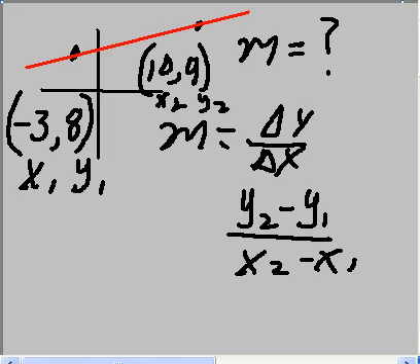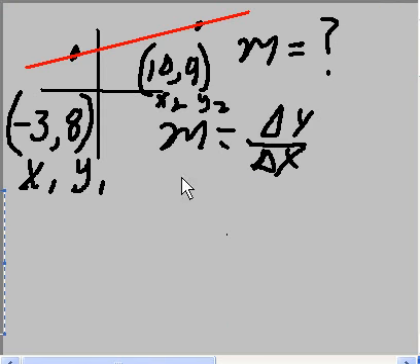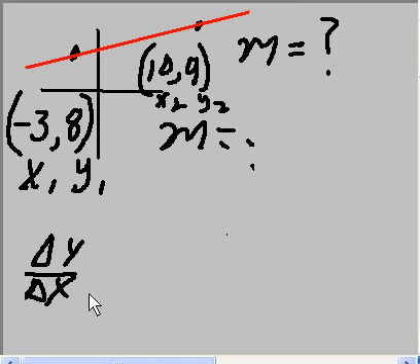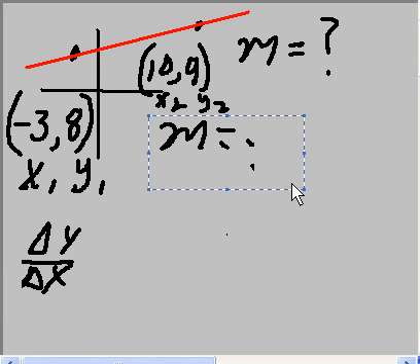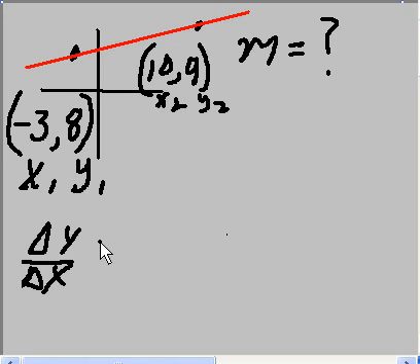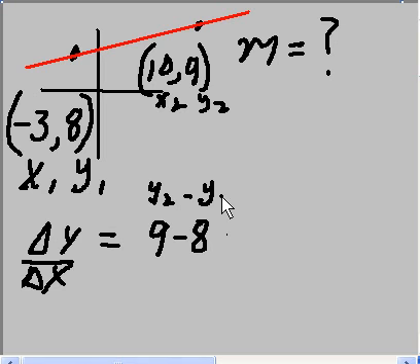So let's do the math on this. That's pretty simple enough. Delta y, change in y, is going to be equal to 9 minus 8, that's y2 minus y1.